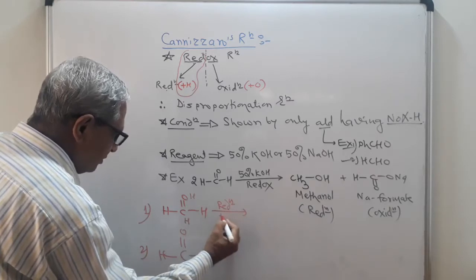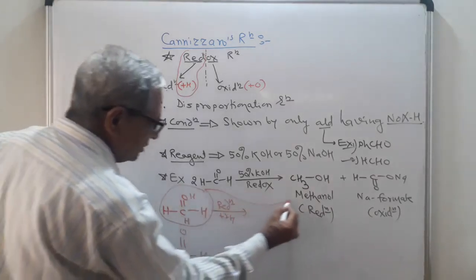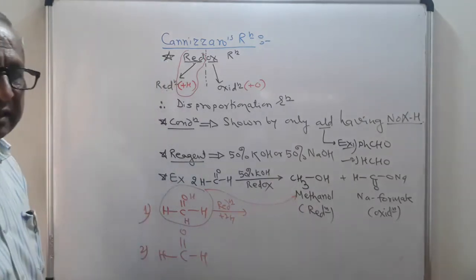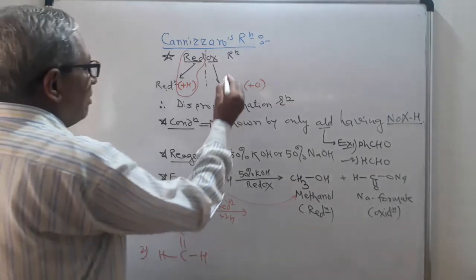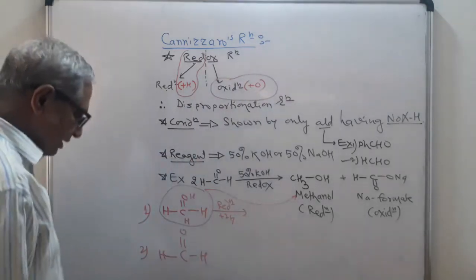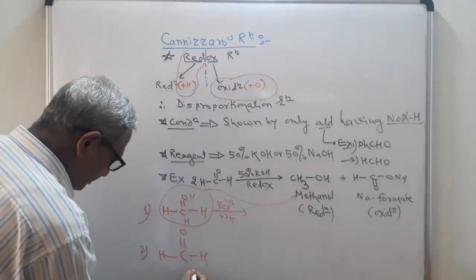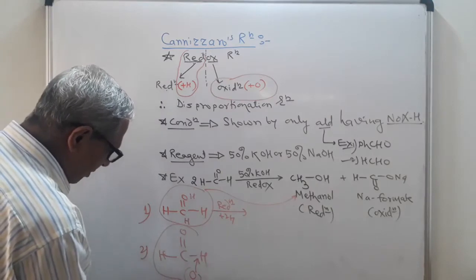A reduction. Two hydrogen atoms are added, and by this you get the product methyl alcohol. Now you know the meaning of oxidation. Oxidation means addition of oxygen. You add nascent oxygen here and you get formic acid.